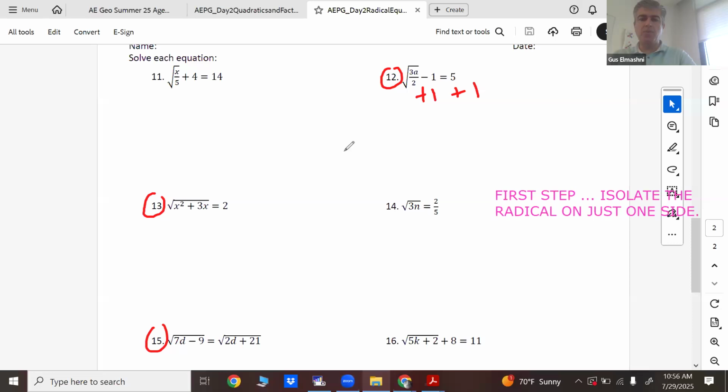So now what happens? √(3a/2) equals 6. Now square both sides.